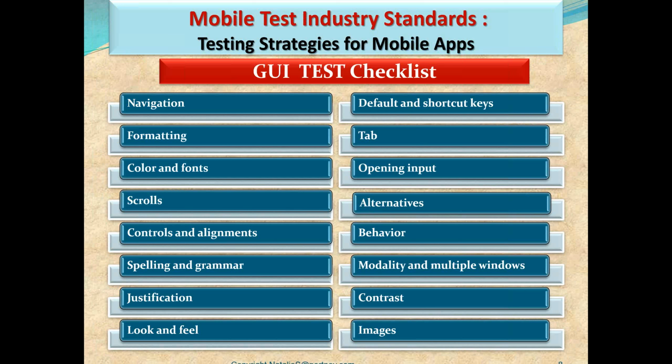And let's just talk a little bit about it, because this is the first thing users are going to see when they want to install your application. So GUI testing is an inevitable part of the process and has to be given maximum consideration.